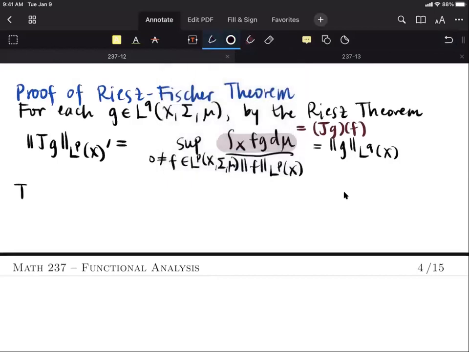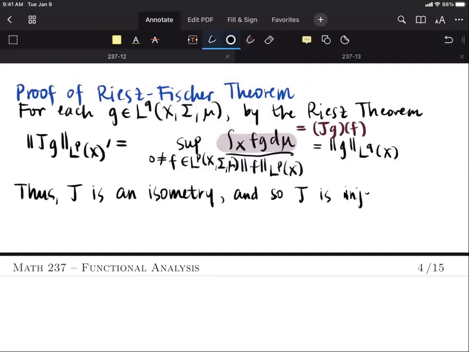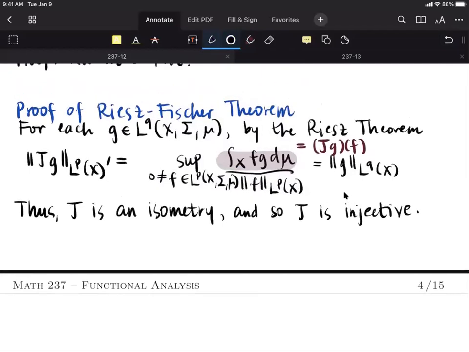So this implies that J is an isometry, and so J is injective. So isometry, hence injectivity, follows from the Riesz theorem. So it remains to establish that J is surjective.